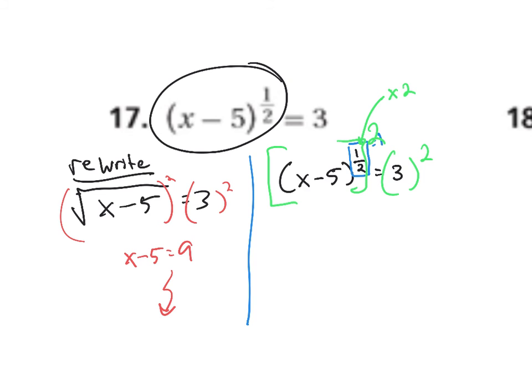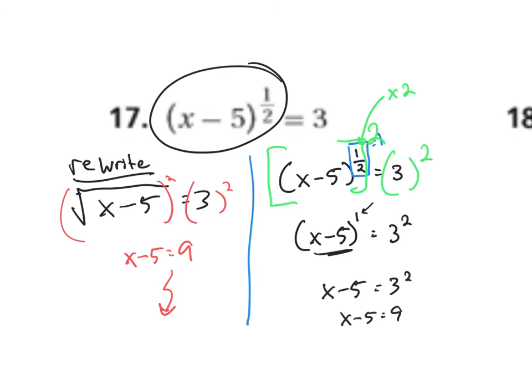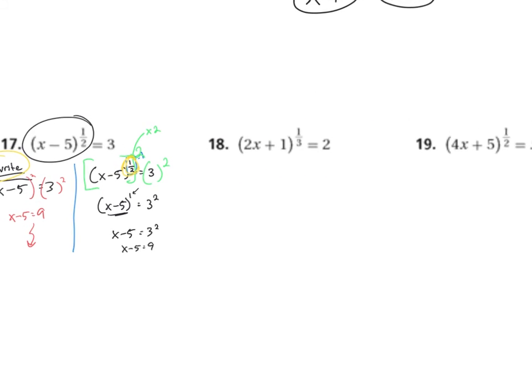Now, when you square that, it really becomes x minus 5 to the 2 times 1/2, which is 1, equals 3 squared. Well, what is something to the first power? It just means it's itself. So x minus 5 equals 9. If you want to rewrite it, this is probably the most popular, just rewrite it. But you could just think about it keeping it as a fractional exponent, and that's okay as well.